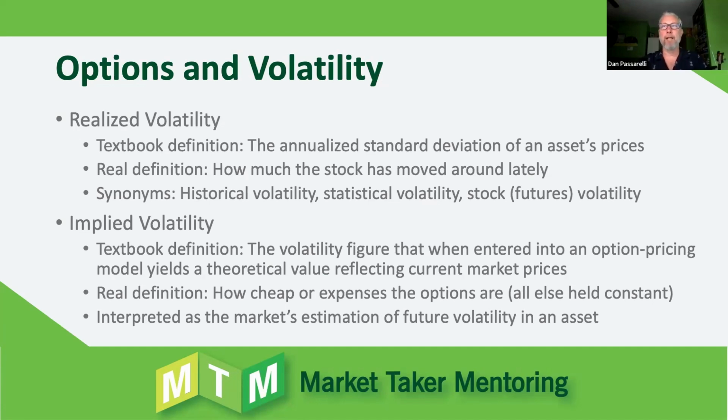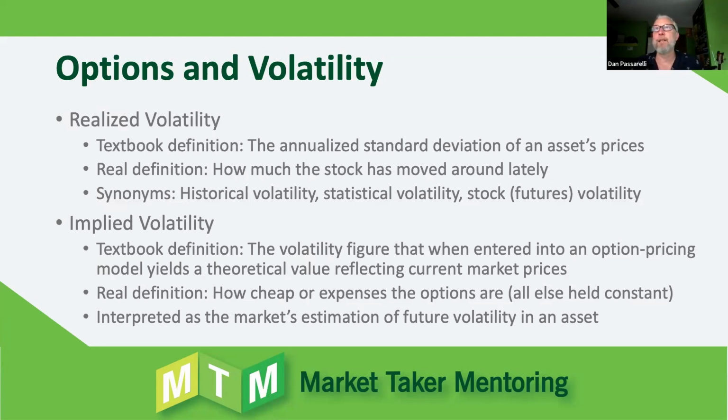Well, basically, mathematically, they take the closing prices of the stock price over the last month, and they find the standard deviation of that, and then they annualize it to make that 1 month represent 1 year. They do that so it's standardized and they can compare apples to apples, different stocks, different time periods against each other.